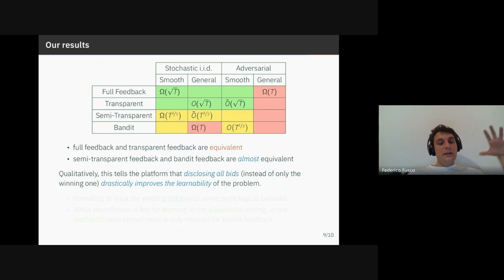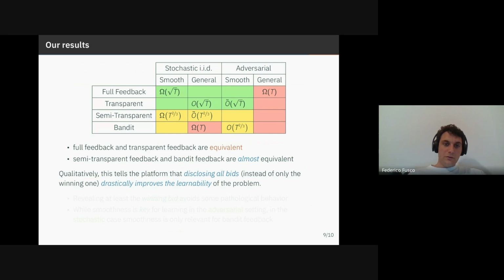Okay. Now, in this slide, we want to extract some qualitative information about the impact of transparency policies on the learnability of the problem.